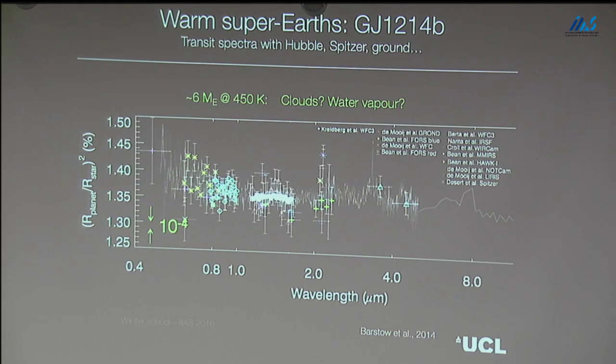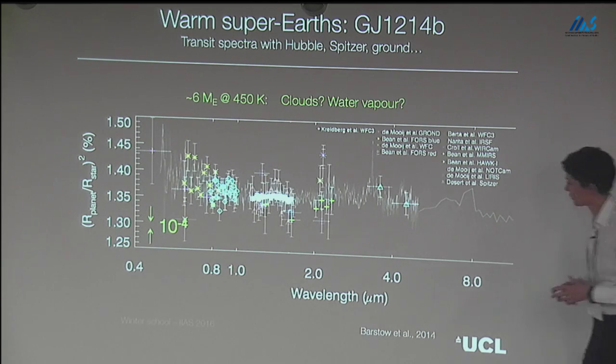Well, the new observations were taken, and in Kreidberg they were able to pile up more observations. And so due to the new observations, the paper suggests that the spectrum is much flatter, and that's how it was interpreted as due to clouds.